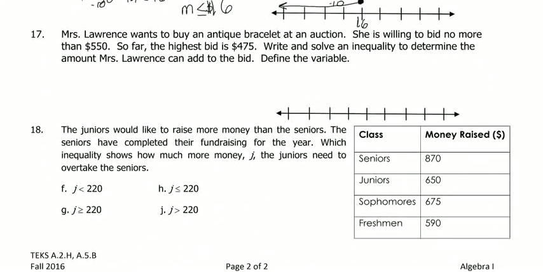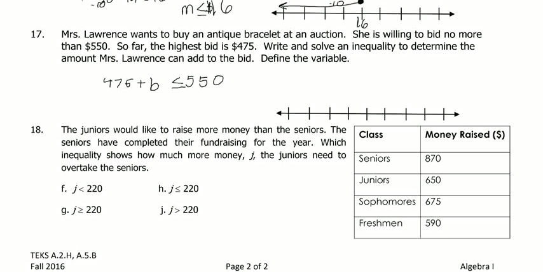Alright, so she wants to stay, let's see, so 550 needs to be greater than or equal, that's the most that she's willing to spend, then 475 plus whatever bid that she wants to put in.